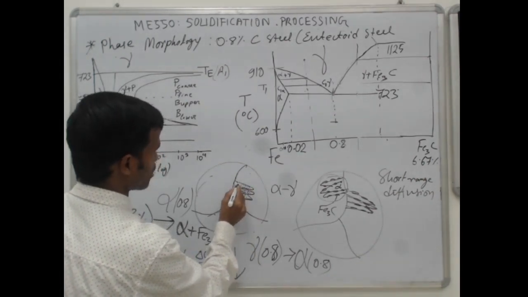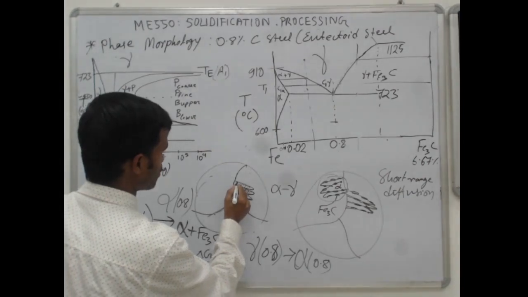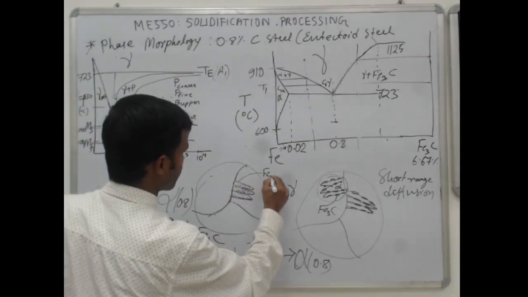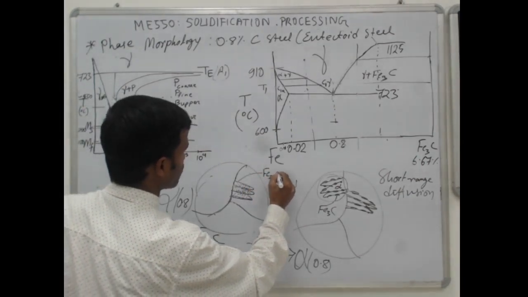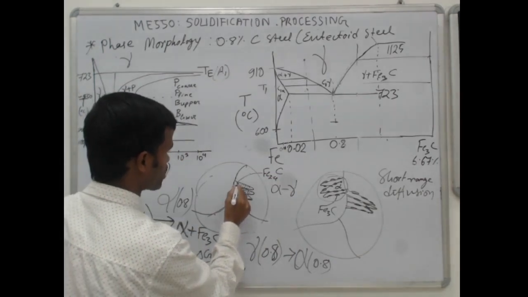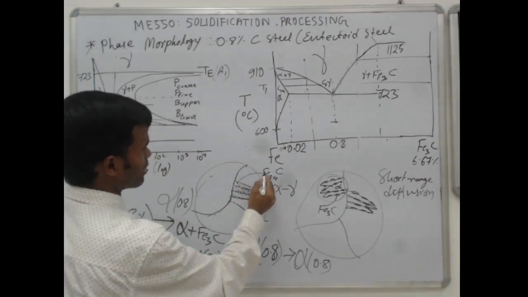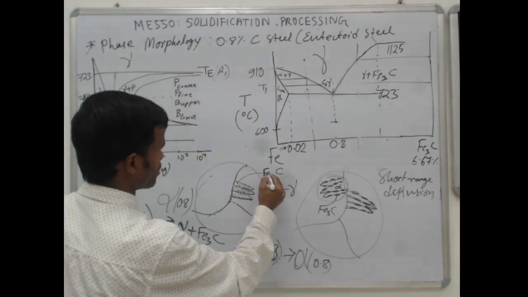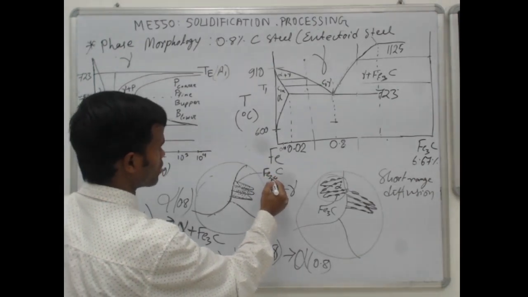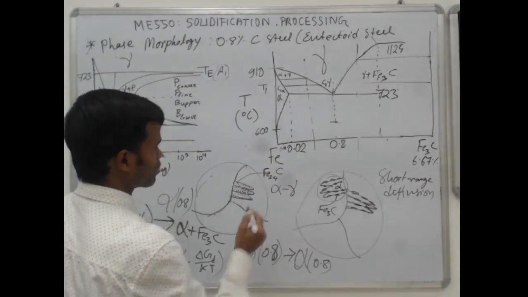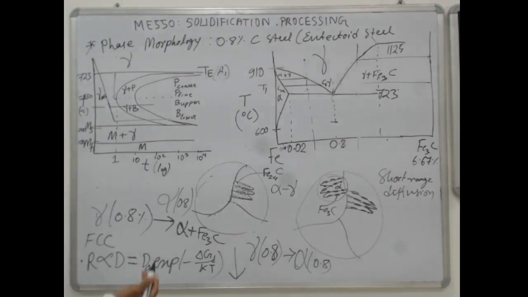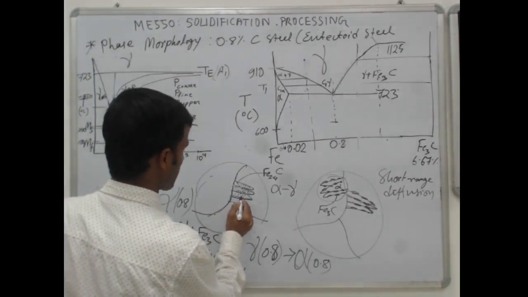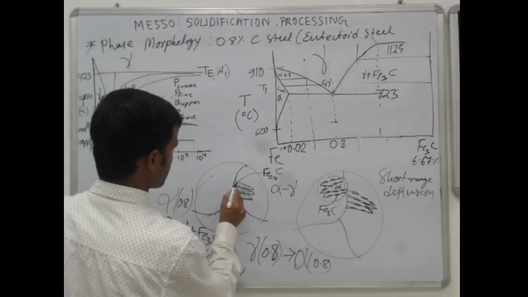So here you have what are actually called Fe2.4C. These are not actually cementite. These are transition carbides. These are carbides but not of similar composition to cementite. A little bit of difference is there. So this is the difference.